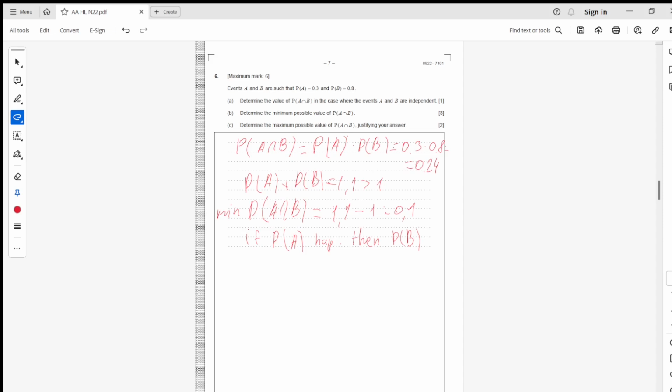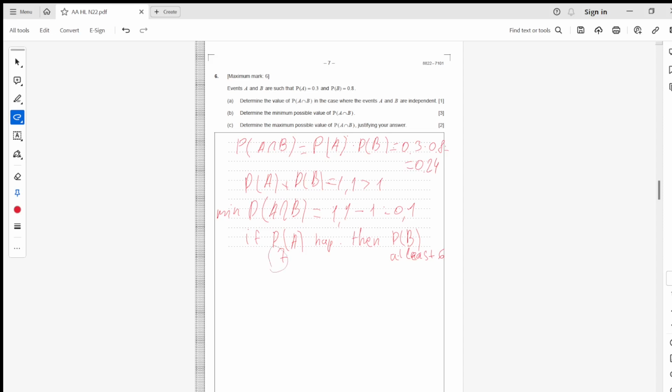Let's give an example. Imagine that event A is getting a 7 on the IB exam, and event B is getting at least a 6.